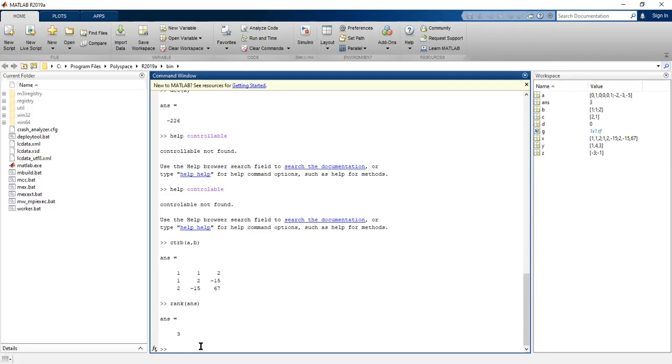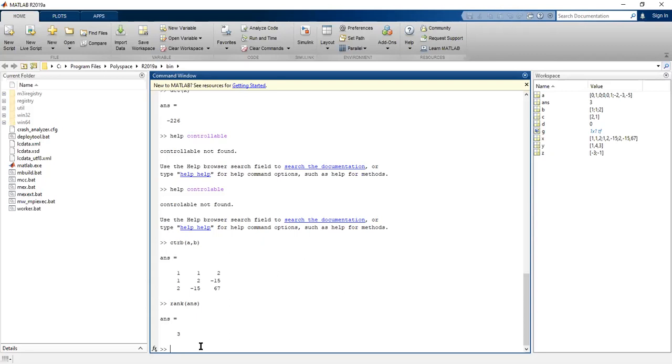Especially when you have a big matrix you are working with. I've seen people working with a 201 by 201 matrix. So you don't really want to go do A squared B, A B, and so forth, going down the line. You just write ctrb of A, B and then find the rank of that matrix.